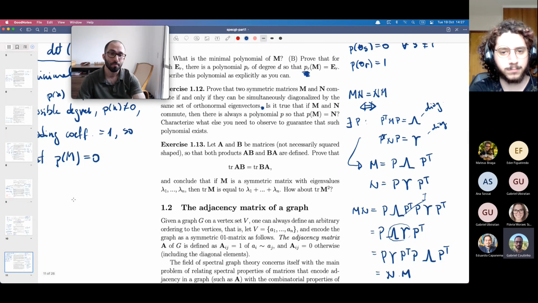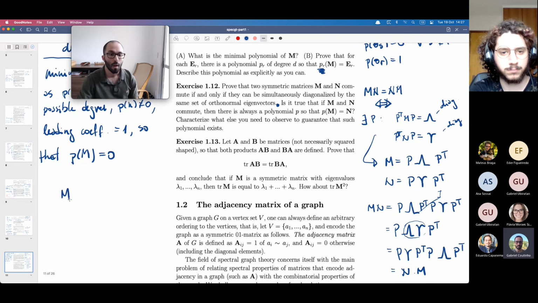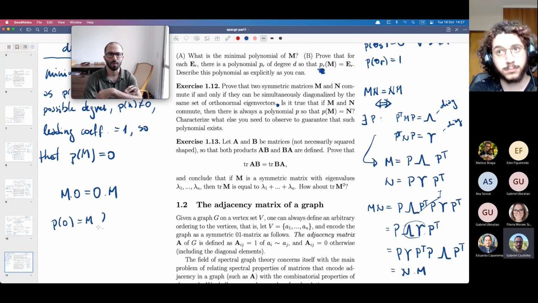Well, M times the zero matrix is always equal to the zero matrix times M. Is it true that there is always a polynomial that maps the zero matrix to a given matrix M? Not really, right? There's something off here. What is it?